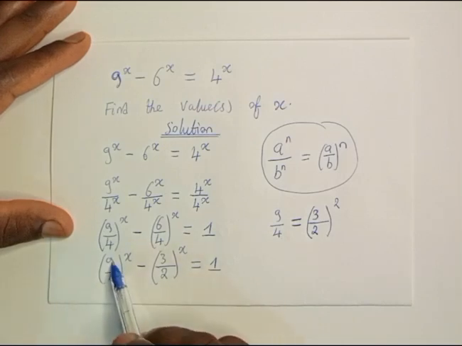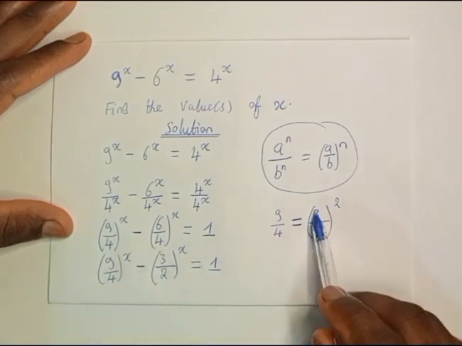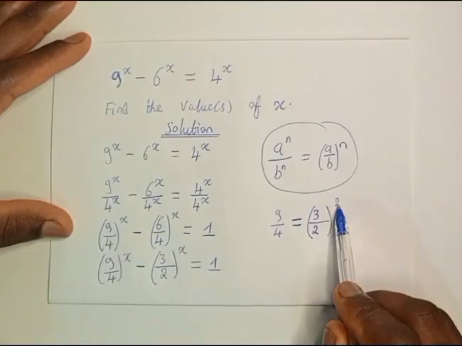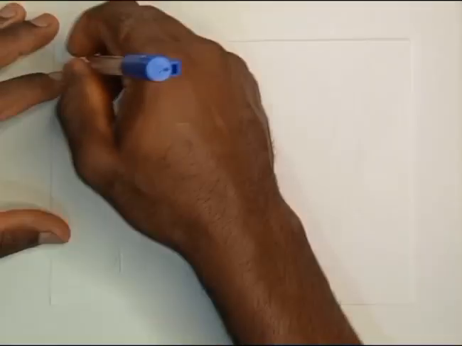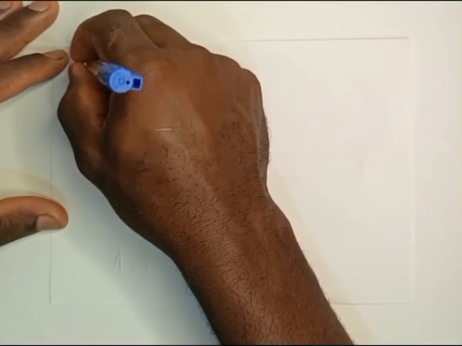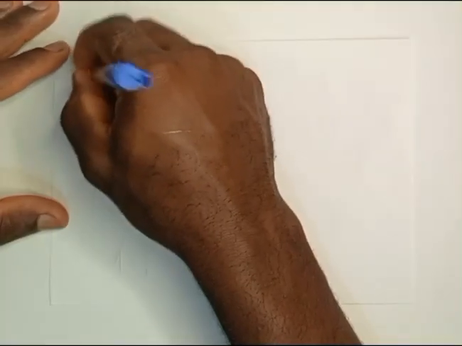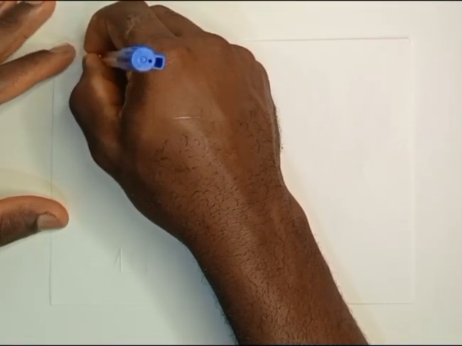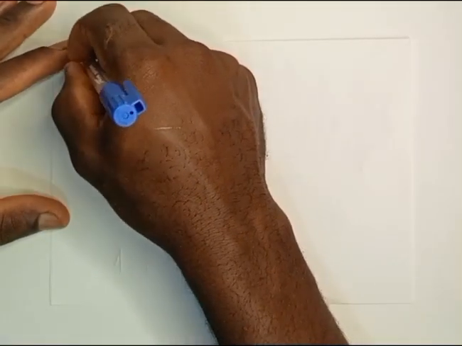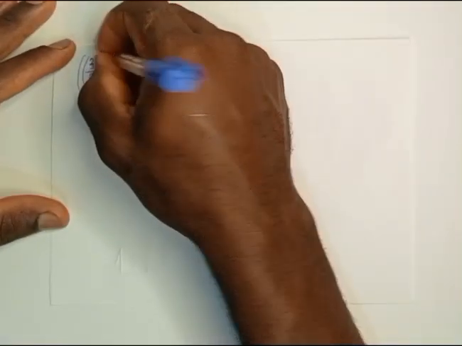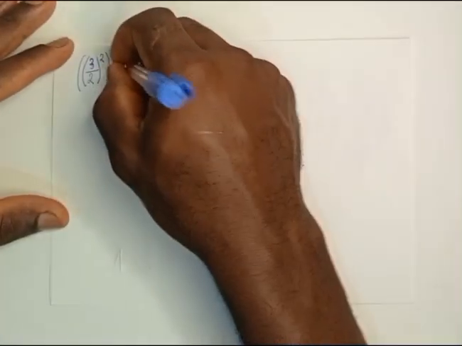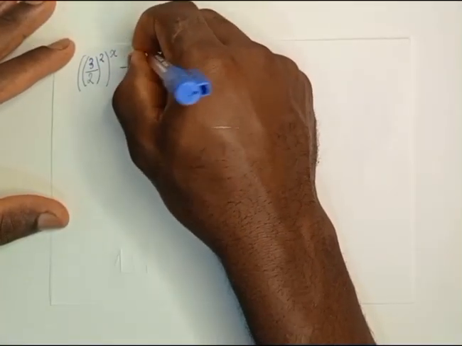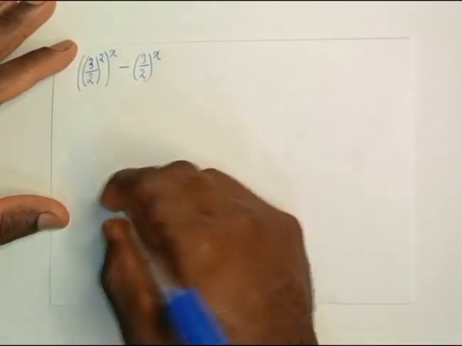We are going to replace 9 over 4 with 3 over 2 squared. This will give us 3 over 2 all this squared, all this raised to the power x, minus 3 over 2 raised to the power x.